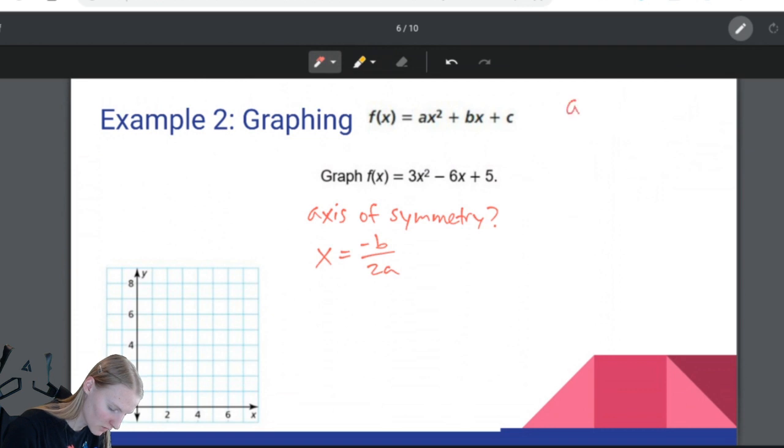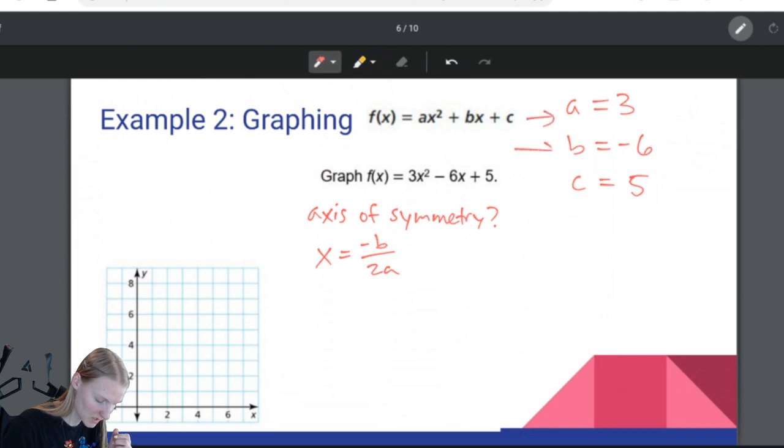What is a? a is 3. What is b? b is -6. And what is c? c is 5. Perfect. So, now remember we're going to take a and b and we're going to plug them in here, just like we did in the last problem.